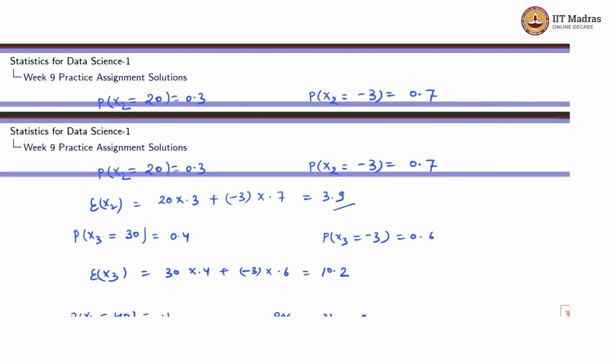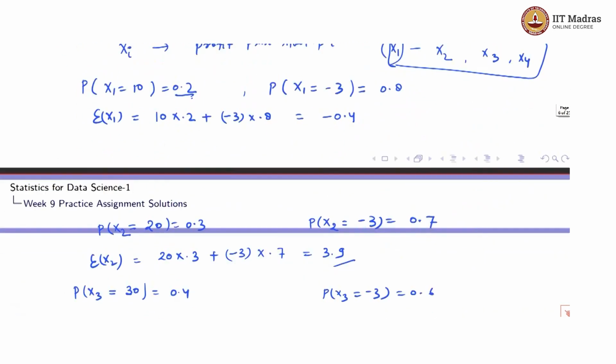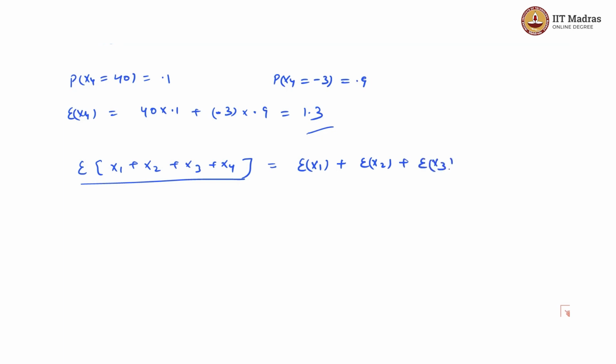Okay, so we have calculated the expectation corresponding to each startup. And what do we have to calculate actually? We have to calculate the total expected profit. So the total expected profit will be given by the sum of all the profits. We can write this by using the properties of expectation: E(x1) plus E(x2) plus E(x3) plus E(x4).